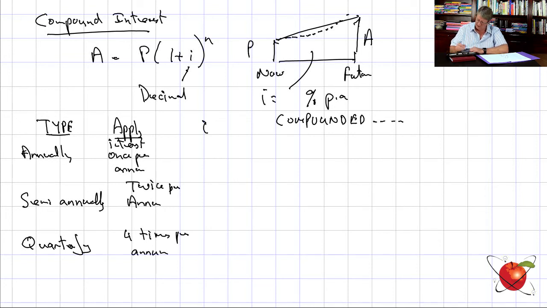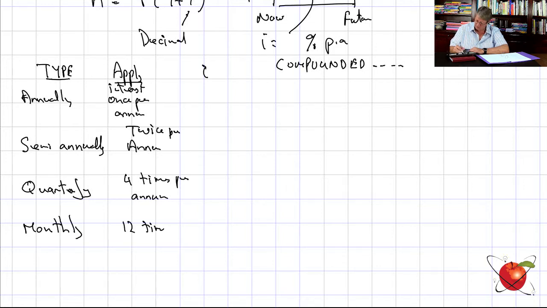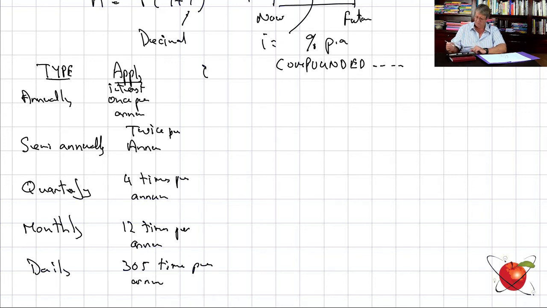Now, okay, let's do monthly. Monthly is 12 times per annum, and daily, which we don't do, is 365 times per annum.